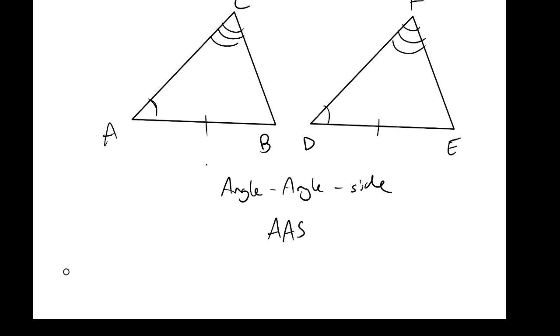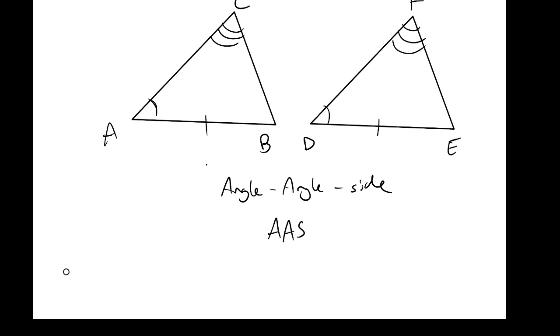So here's the best part. We don't need the side to be included. It's going to be congruent either way, but I do need you to identify the difference between the two of these. As long as you have two angles and a side, these two triangles are going to be congruent. There's no way around it. But we do need to make sure that we're citing the proper postulate here.